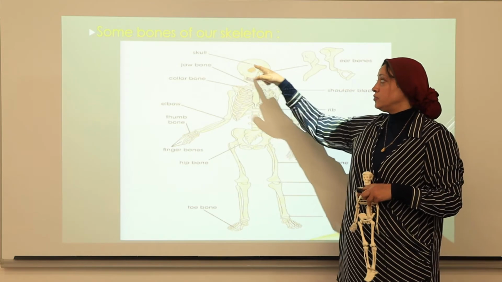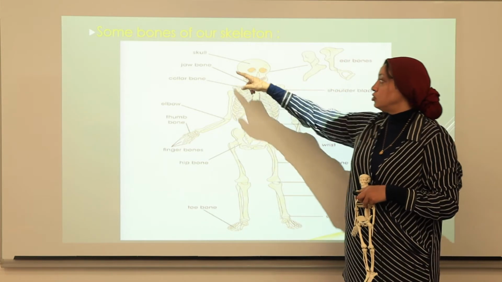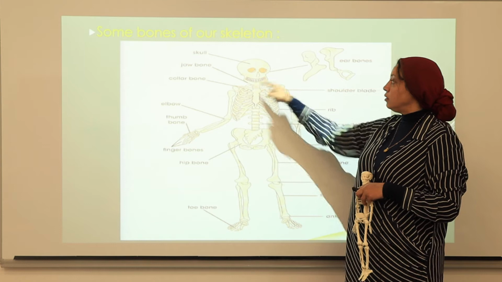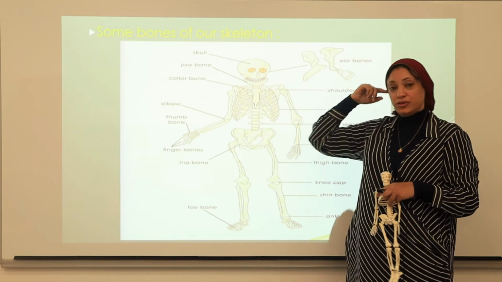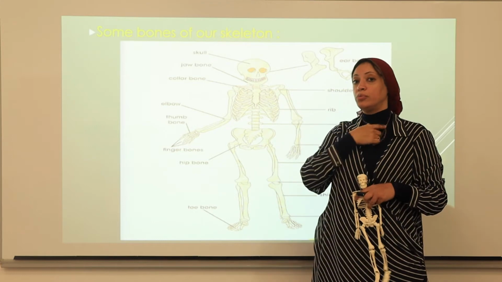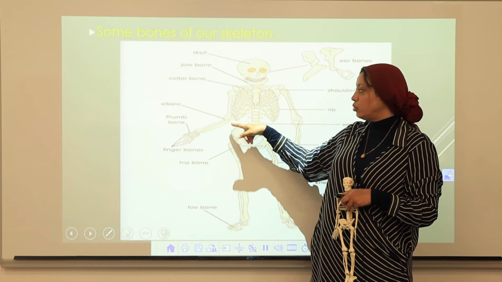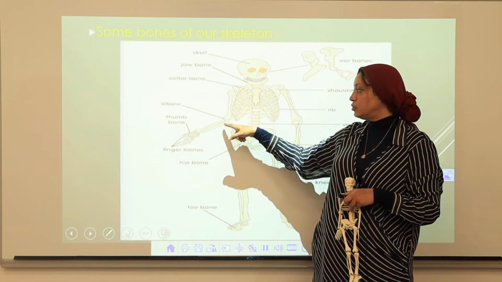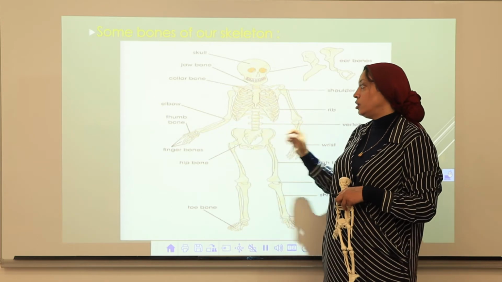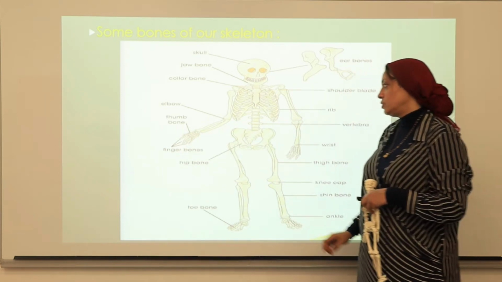Skull, the first bone, and we have here the jaw bone, and then we have the ear bone inside, and we have the collar bone, and we have the elbow between the upper arm bone and the lower arm bone. We have the thumb bone, and we have the finger bones.